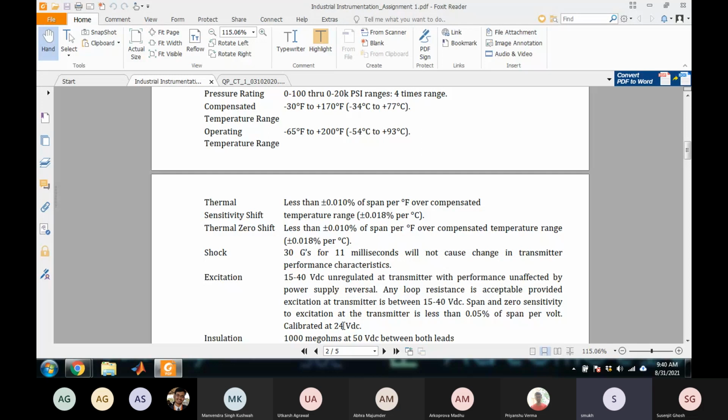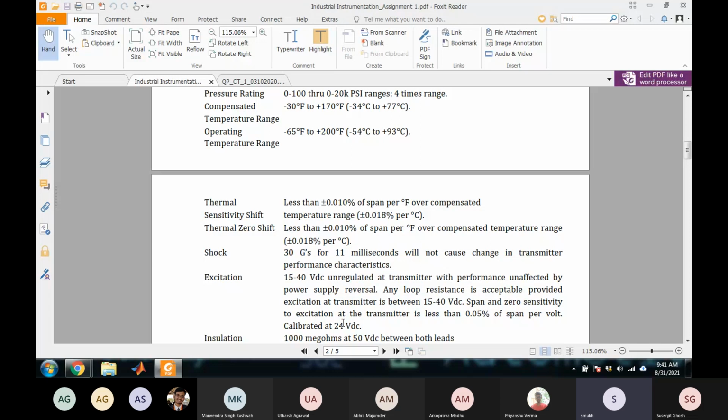So 0.192 milliampere can be the maximum change in span due to power supply. Is this correct? My calculations? 0.05% of 16 milliampere is what? It's 0.008, I think, because 1% is 0.16.